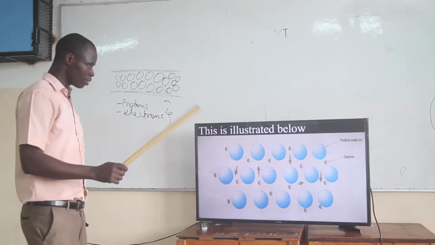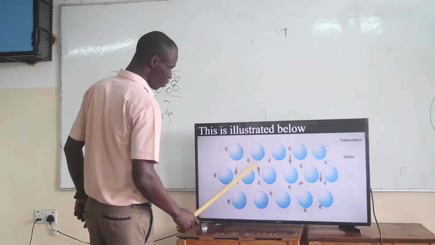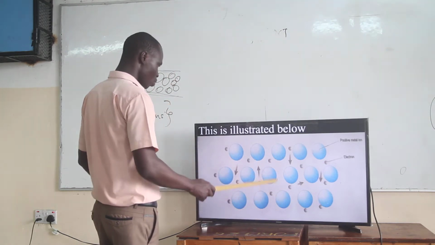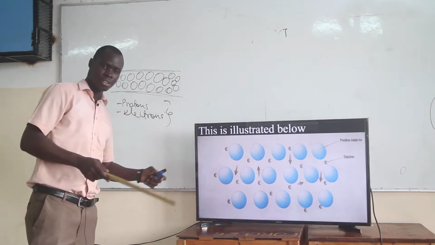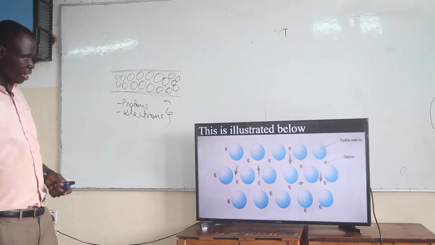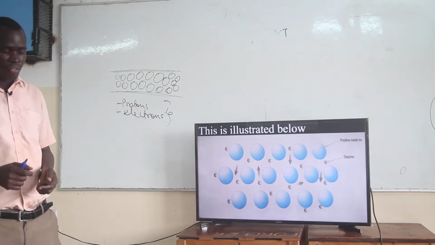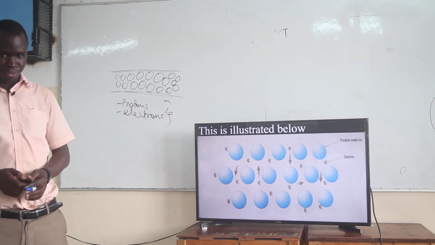So we have this positive metal ion here, and the black dots are the electrons. So we find that this positive metallic ion, or rather the protons, feel as if they have been immersed in a sea of electrons.